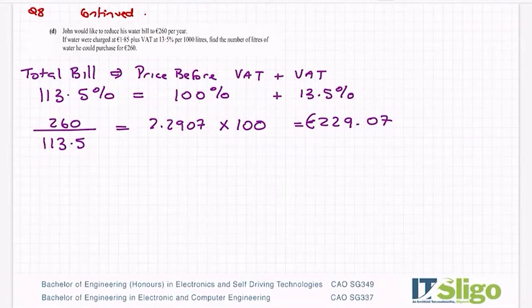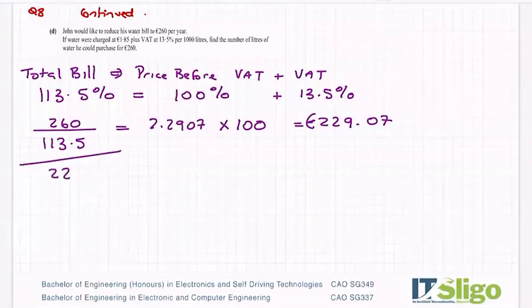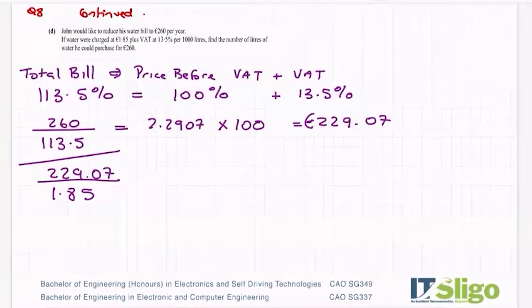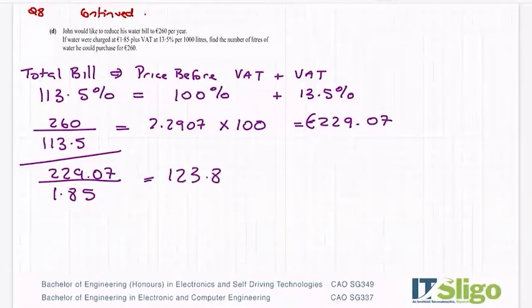So if water were then charged at 185 per 1,000 litres, I have to take this number, 229.07, and divide it by 1.85, because that's how much I was charged per 1,000 litres. And I get 123.82 bundles, if I can call it that, of 1,000 litres.